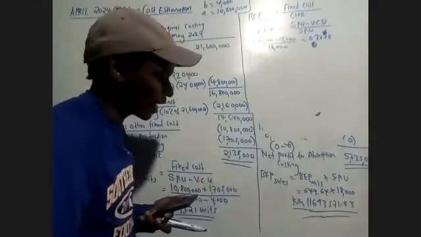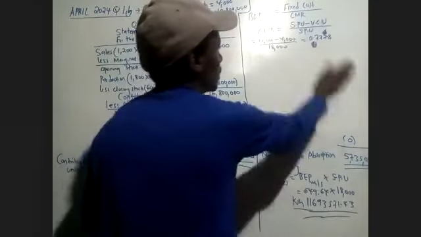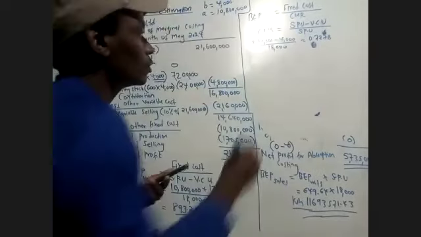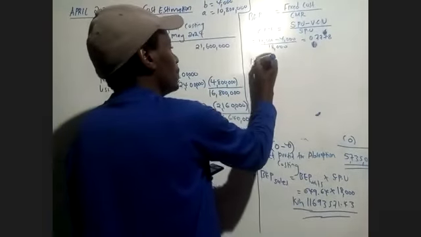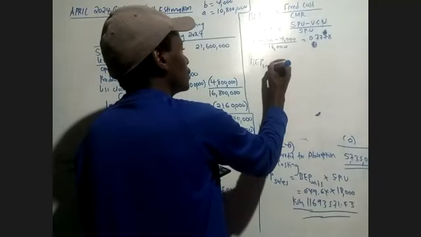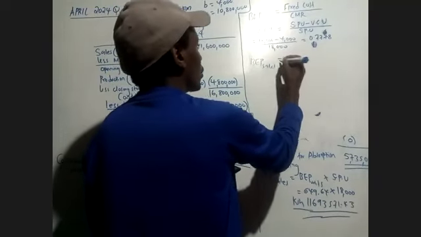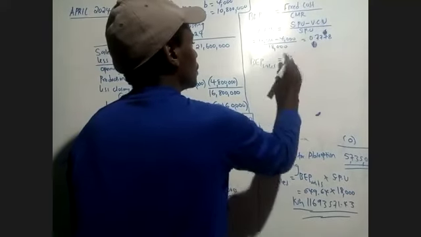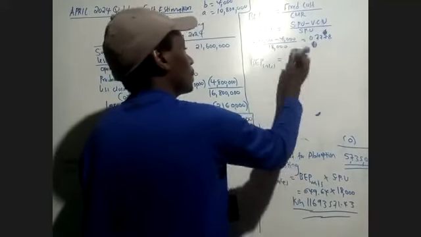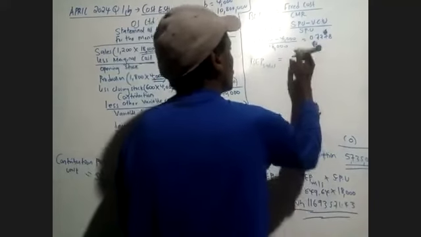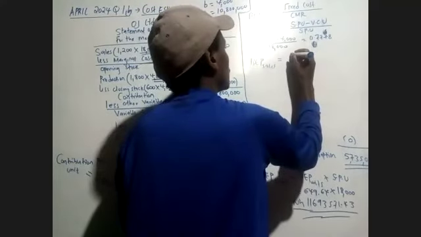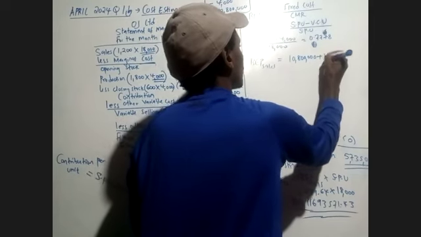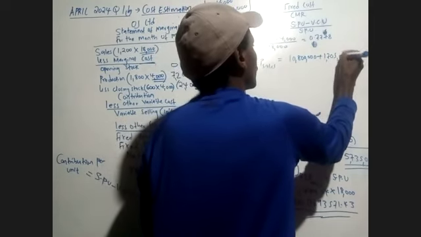Let's see if you'll get the same figure as this 116. Is it 116 or what? So BEP in sales will be this cost, which is 10,800,000 plus 1,705,000.